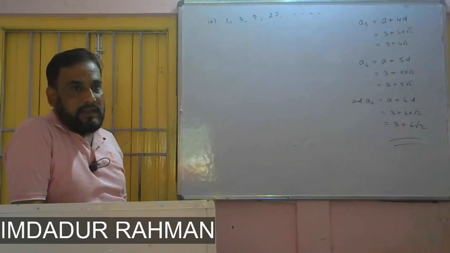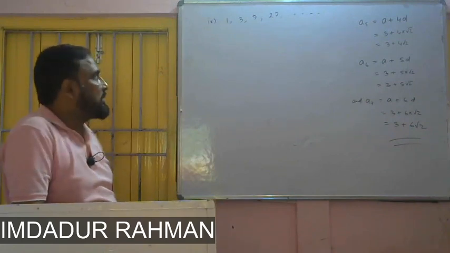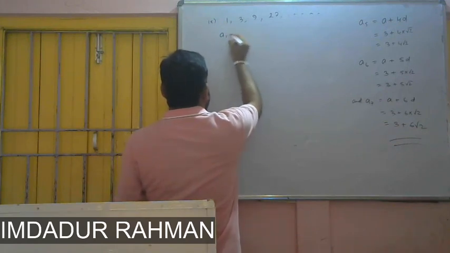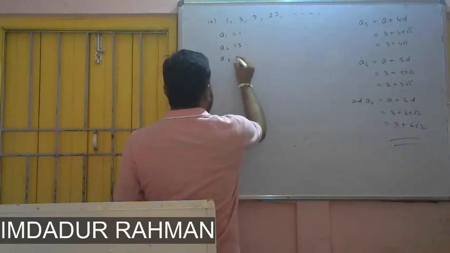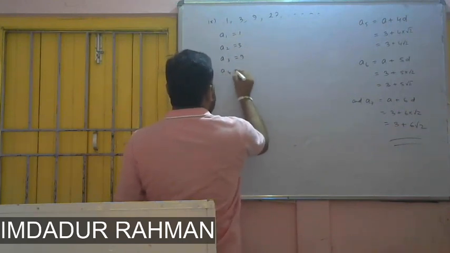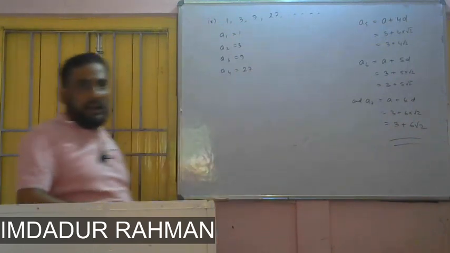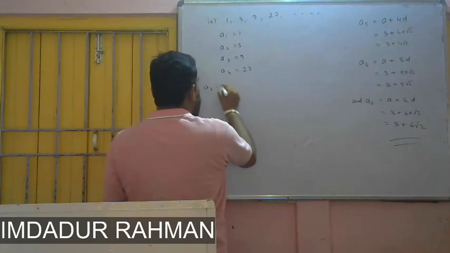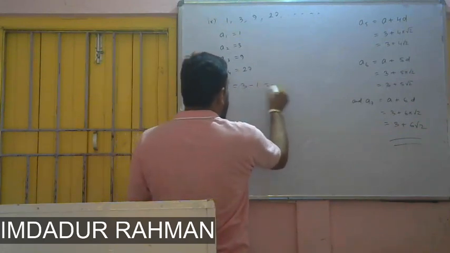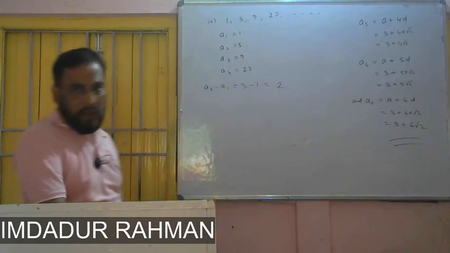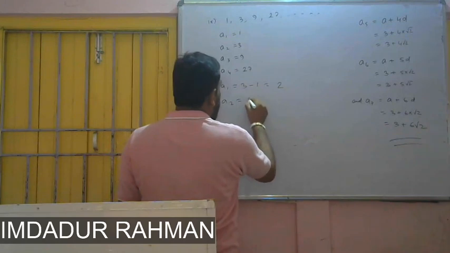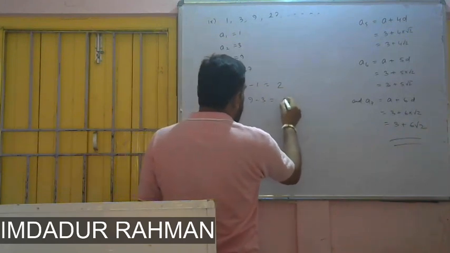So the series is 1, 3, 9 and 27. Okay. So first term A1 is 1, A2 is 3, A3 is 9 and A4 is 27. Like the earlier, we will find out the differences between them. That is A2 minus A1 is equal to 3 minus 1. That is how much? 2. Okay. Like this, A3 minus A2, 9 minus 3, that is difference is 6.